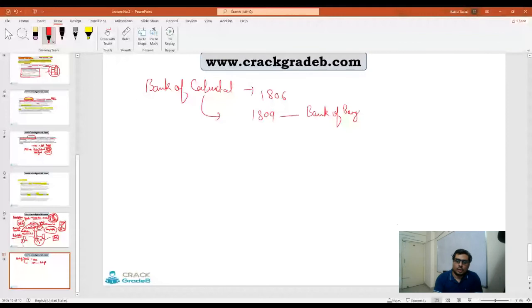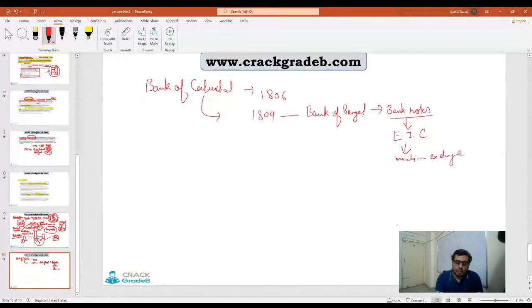Later in 1809 they changed the name of the Bank of Calcutta to the Bank of Bengal. And the Bank of Bengal had the power to issue banknotes, and these banknotes were accepted by the East India Company and its territory as a medium of exchange.